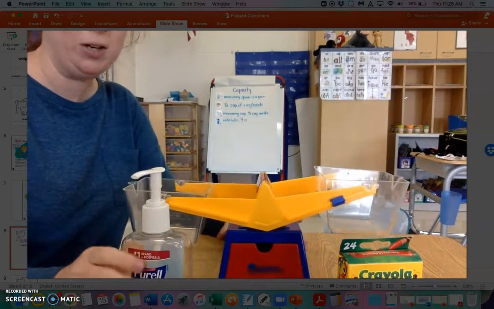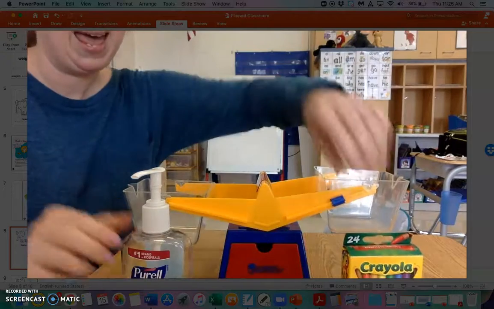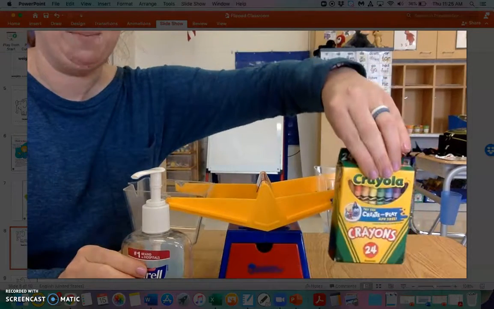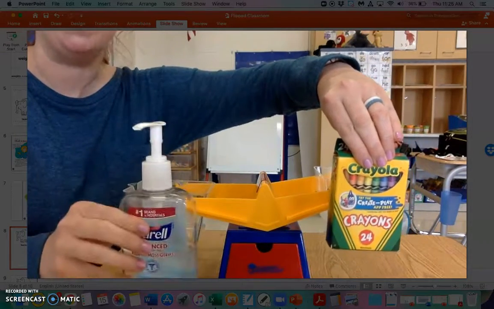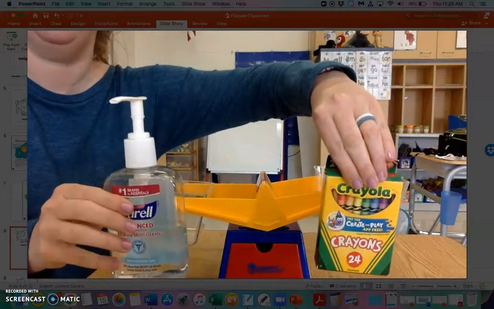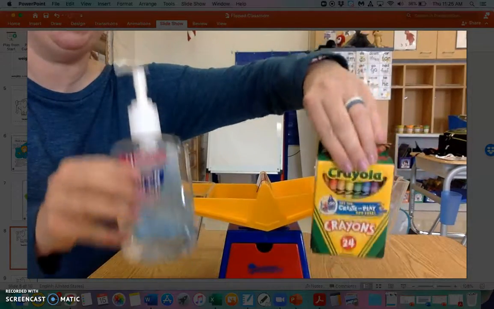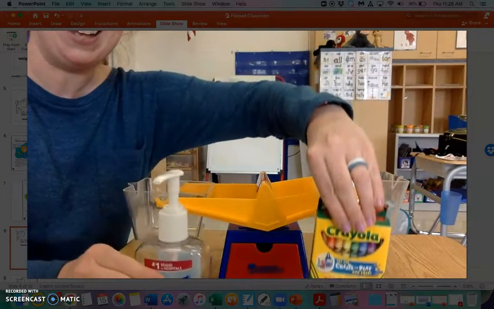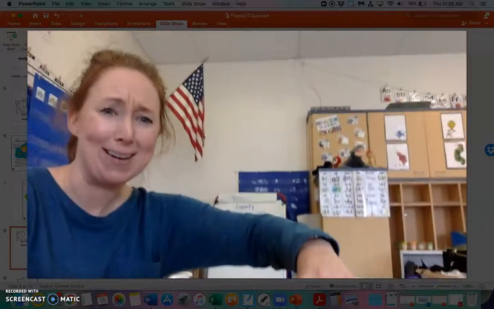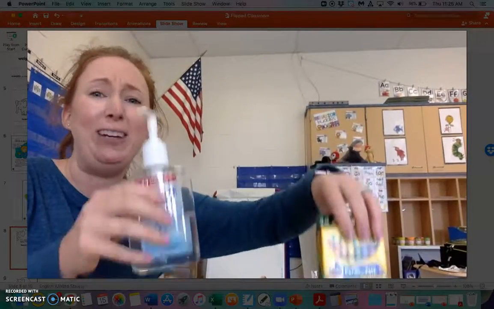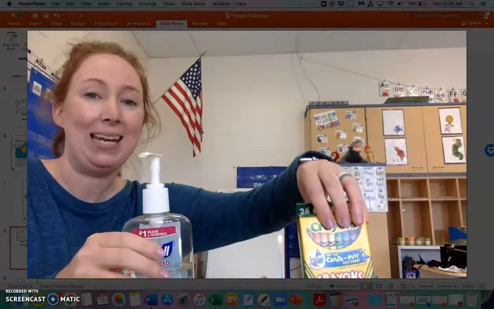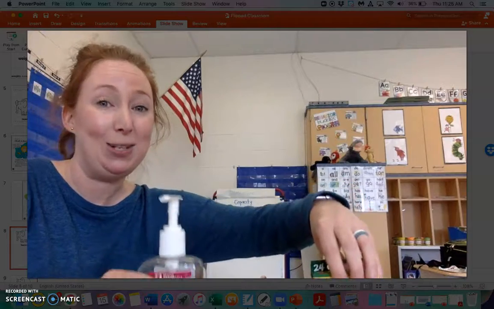I want you to think in your head, which one's going to be heavier? The crayon box or the hand sanitizer? I know that from holding them, it's kind of hard to tell. I'm not sure. They feel almost the same in my hands. So that's when I need to use the balance.